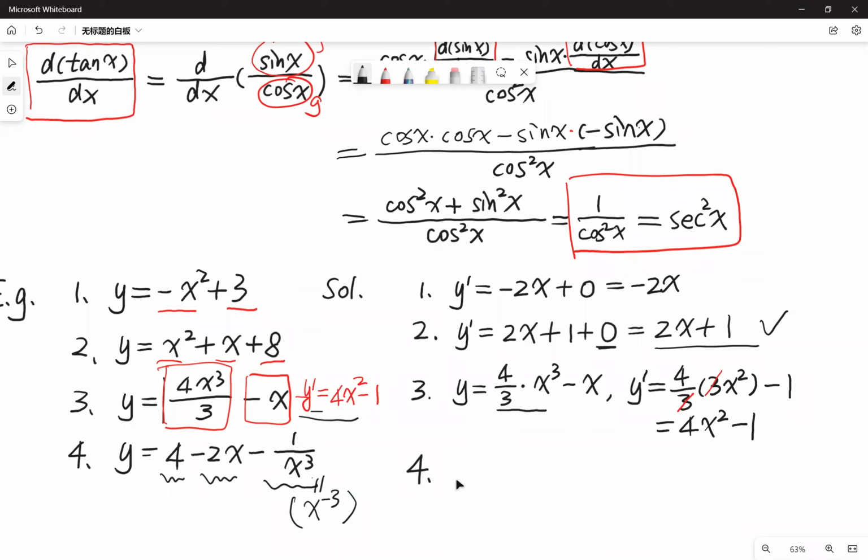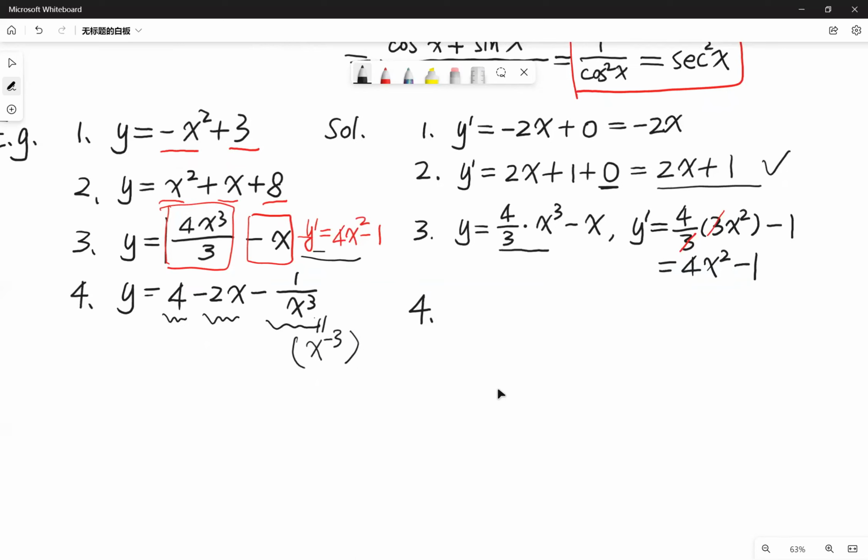Laushi, can you explain the third one again? Which step don't you understand? The second part, here?